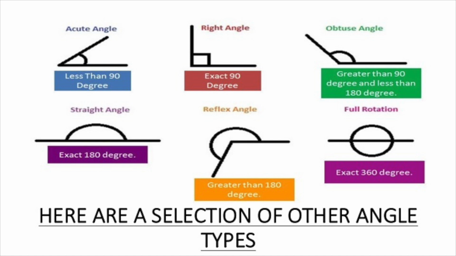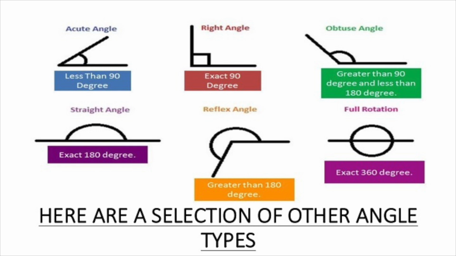Okay, and finally, full rotation. This is an angle that goes all the way around in a complete circle. A full rotation is like a full circle. Exactly 360 degrees, because it's 4 right angles.